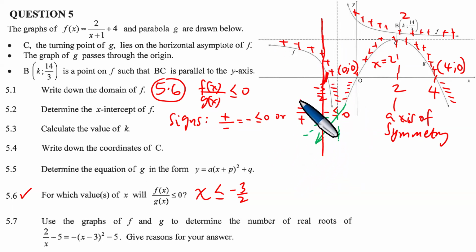In particular, the hyperbola is positive and the parabola is negative, so the top is positive and the bottom is negative, and we have less than or equal to 0.